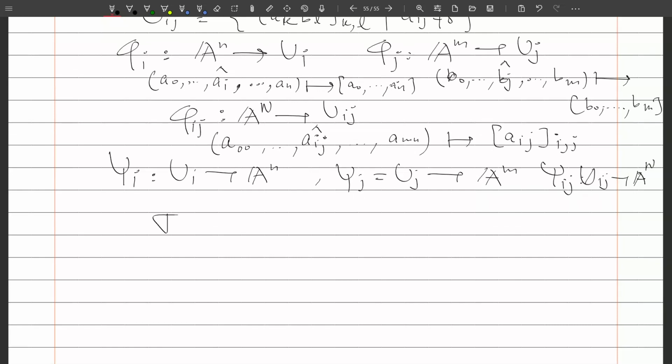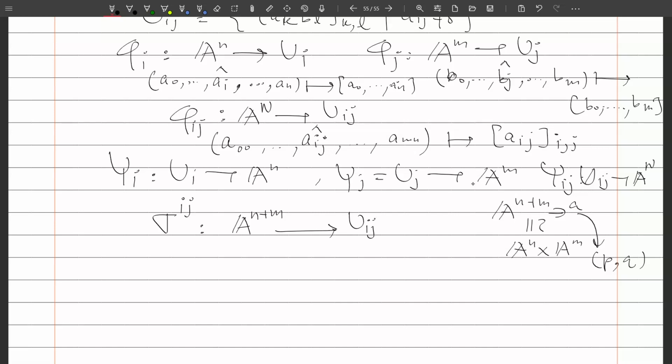Now we define a map sigma ij from the affine n plus m space to Uij. This map is defined like this. Since affine n plus m space is isomorphic to affine n times affine m, a point in this affine space can be identified as an ordered pair (p, q), where p is in affine n space and q is in affine m space.